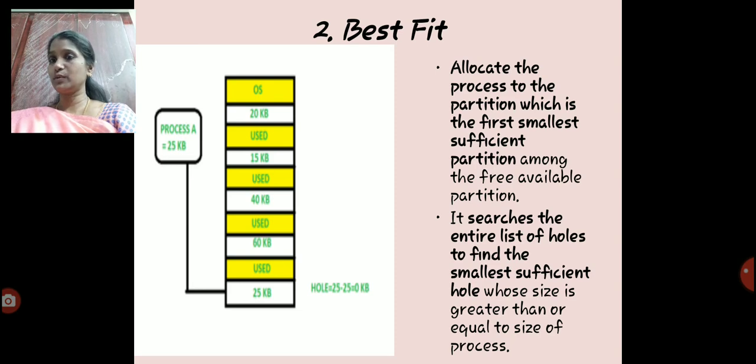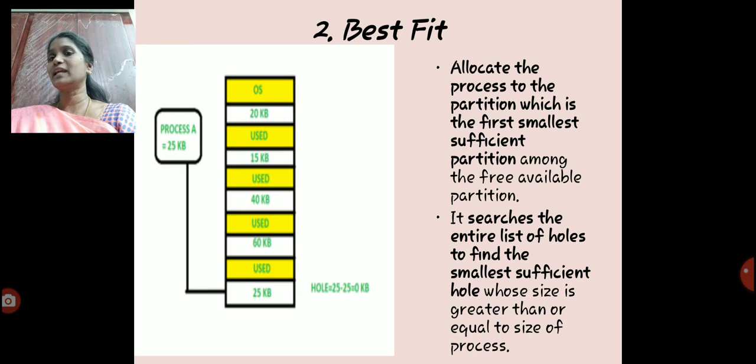If that is used, obviously 15 KB will be wasted. The next portion is used. So the operating system will wait for the correct size of partition. It just keeps 40 KB in mind and moves on. The next one is used. The next one is 60 KB, which is much larger than required, and the last one is 25 KB, which is exactly equal to the size of the awaiting process.